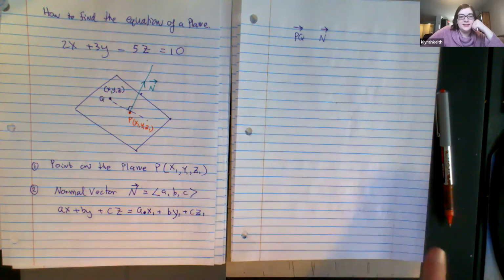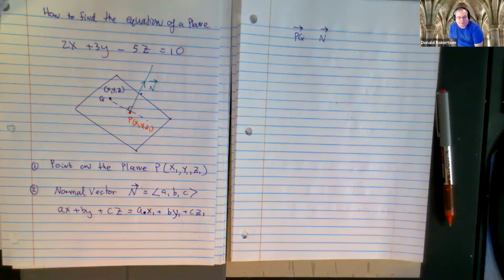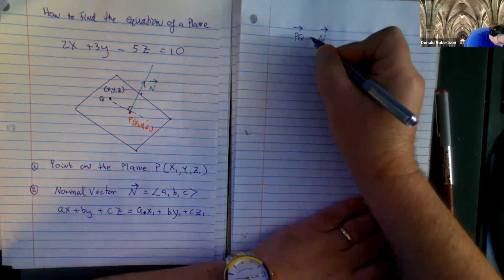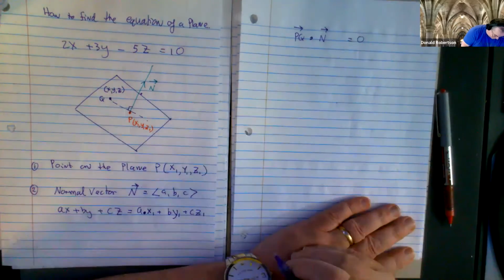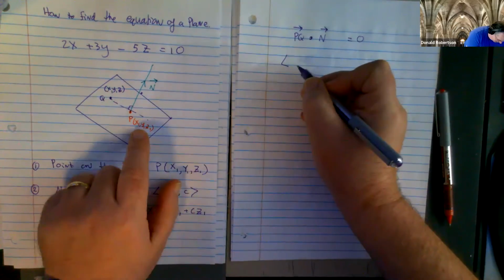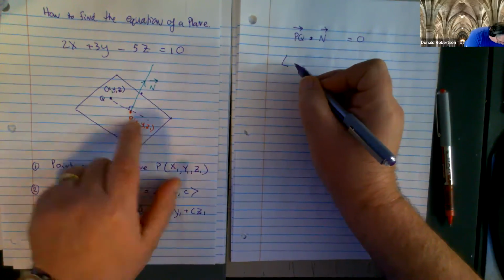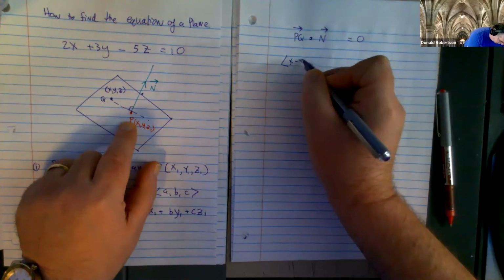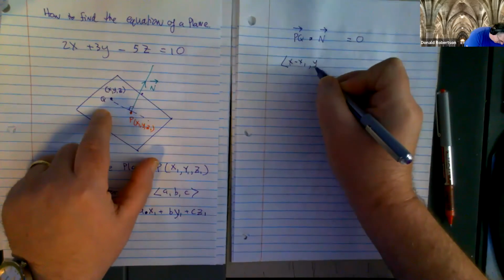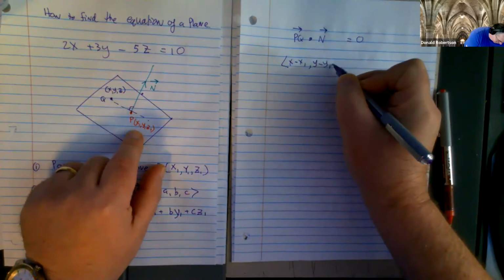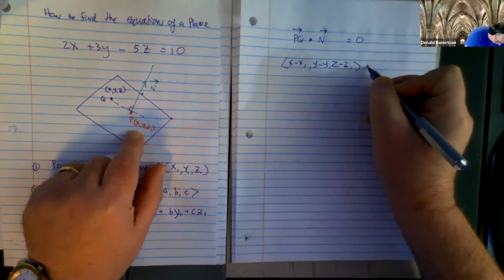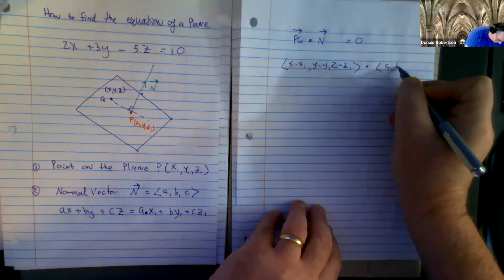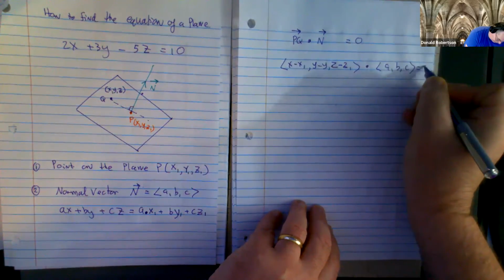Is the dot product 0? Yeah, because aren't they at right angles to each other? Right. So the dot product is 0. And PQ is second take away the first, second take away the first, second take away the first, dot product with A, B, C, and the whole thing is 0.